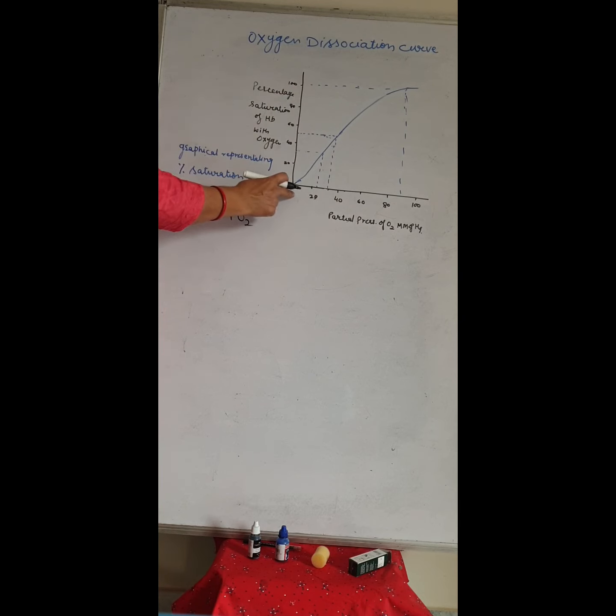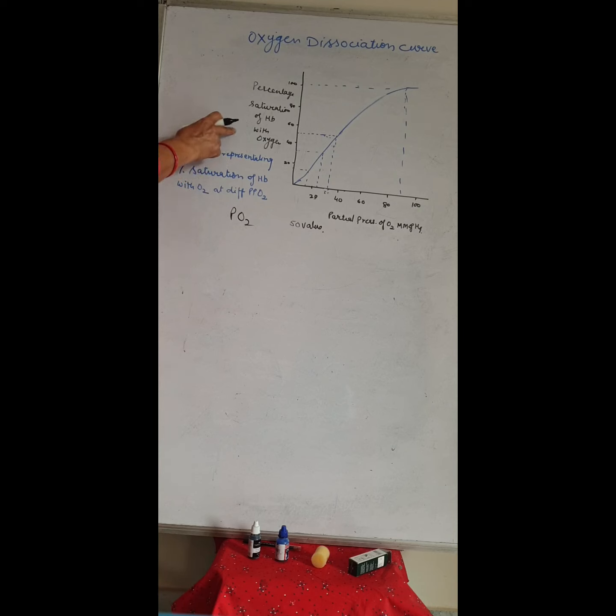As we are observing here, at 10 mm there is low saturation, and at 30 mm of mercury there is 50% saturation. This is called the P50 value. P50 value means that at 30 mm of mercury there is 50% binding of oxygen with hemoglobin.